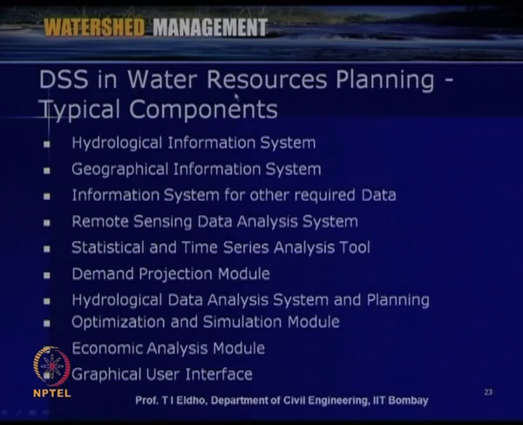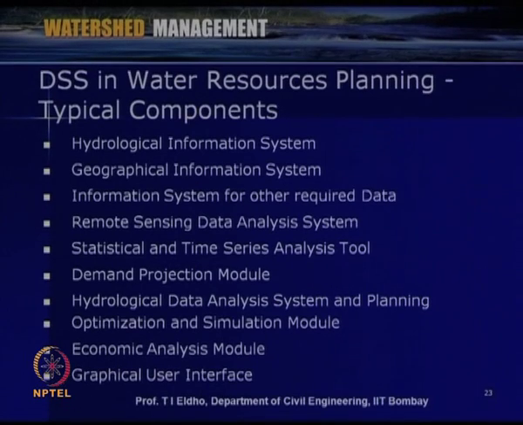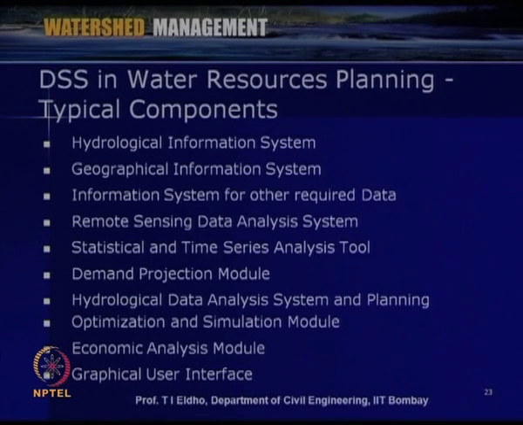So, a typical set of components of a DSS related to water resource planning, the various components I have listed here. Of course, the basic components as we have seen earlier, like database management system, model base management system, then the user interface, these are all essential components, but various other components related to hydrological aspects or related to modeling aspects are listed here.